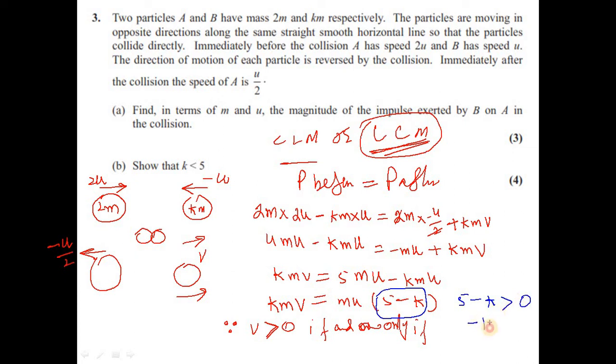That means minus k should be more than minus 5, or if you multiply the whole inequality by minus 1, the sign of the inequality reverses, so k is less than 5. Make sure you understand this relation: the left hand side of the equation has to be positive because of v, and v depends on this factor. So if k is more than 5, the whole factor will be negative, so v will be negative, which is against the condition. I hope you understood.